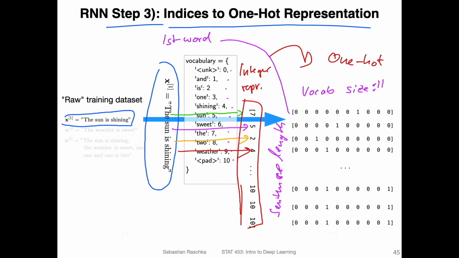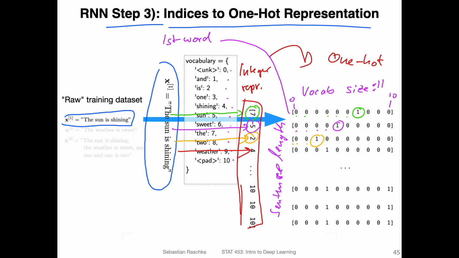This is our index 10, and this is index 0. The first one is a 7. Let me use a different color, the green. It's a 7, so we go 1, 2, 3, 4, 5, 6, 7. The second one is 5, so we go 1, 2, 3, 4, 5. The third one is a 2, so we go 0, 1, 2.